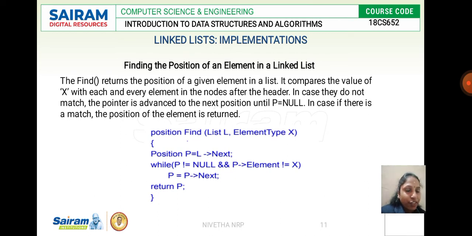And what other condition are we giving here? And when the element is not equal to X. What is X here? X is nothing but the element you are going to find, the position of the element that you are looking for. So what is the condition checked here?